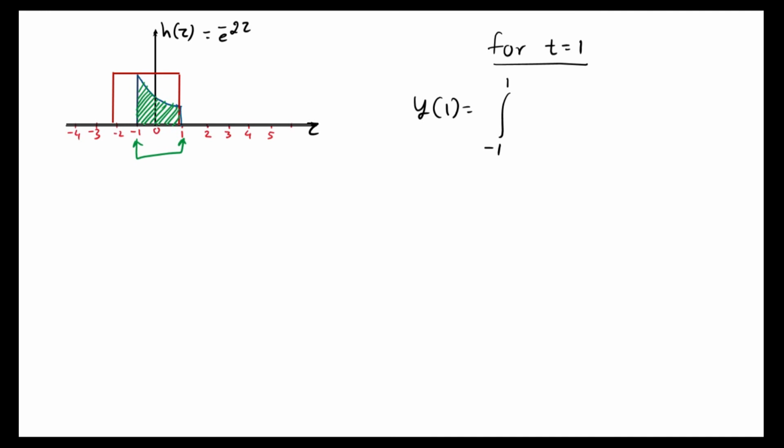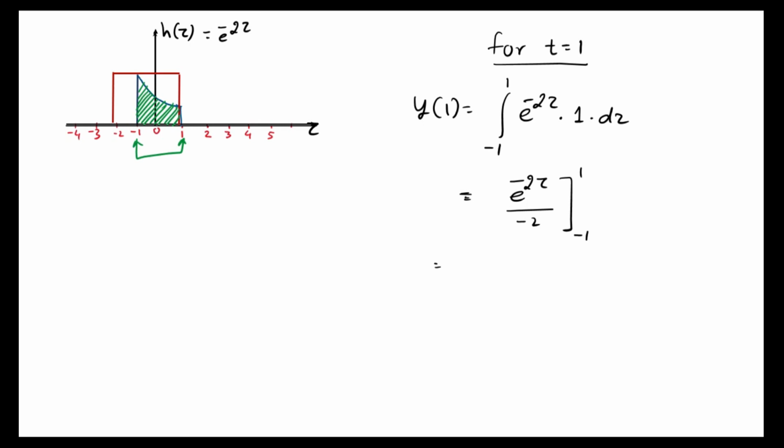That is, h of tau is e power minus 2 tau, x of t minus tau is 1, d tau. Simplifying this further, I can represent it as the integration of e power minus 2 tau, which is e power minus 2 tau divided by minus 2, from minus 1 to 1.